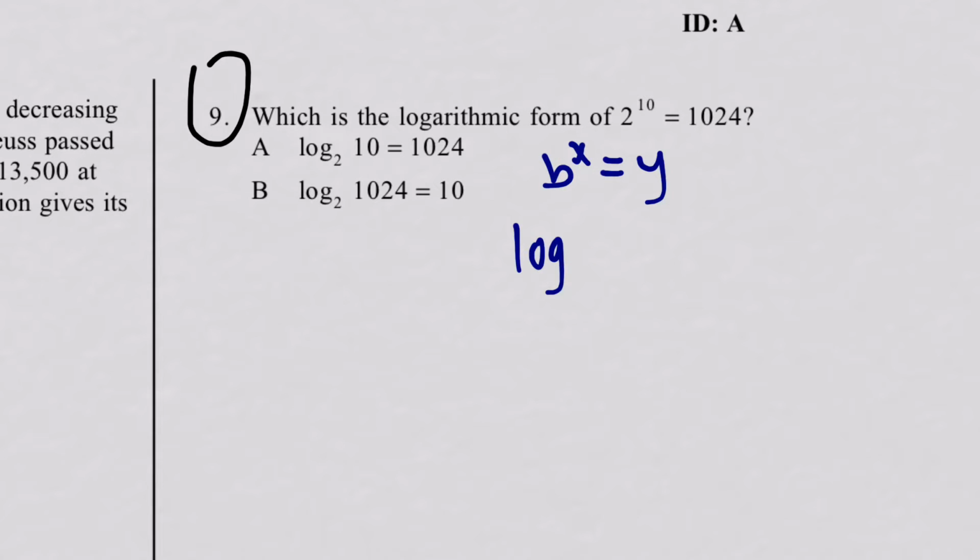So base b. And then this is where it switches: the input and the output switch. Here the input is x and the output is y. Here the input is going to be y and the output is going to be x. So you're going to put y equals x. Log base b of y is equal to x. Those two are equivalent equations.